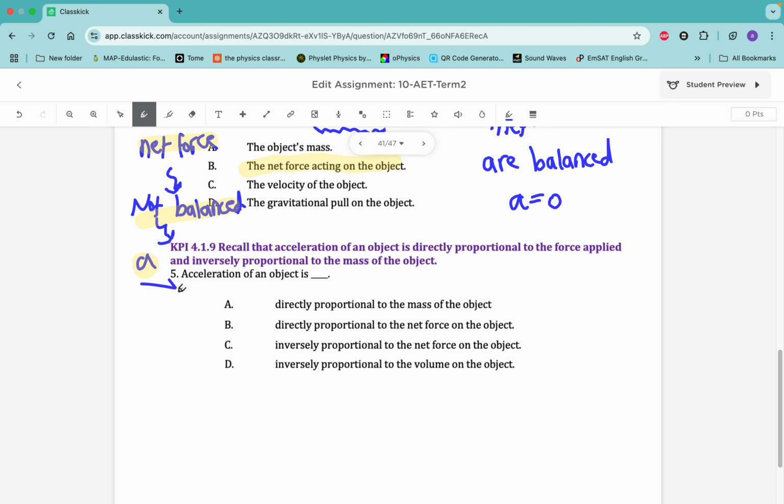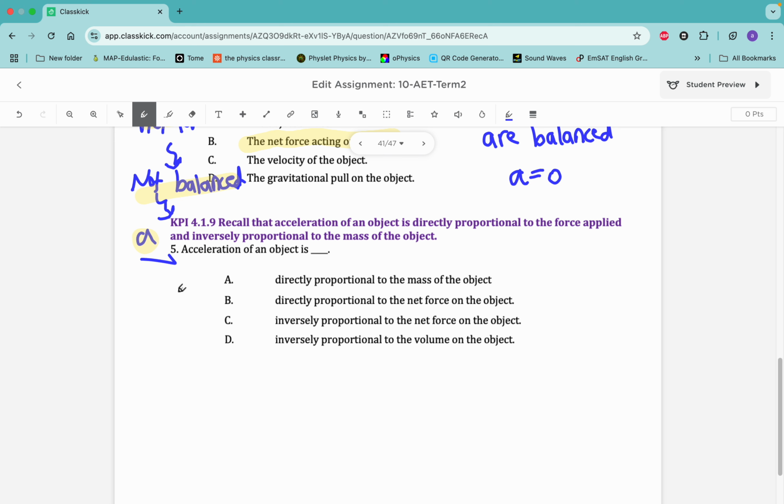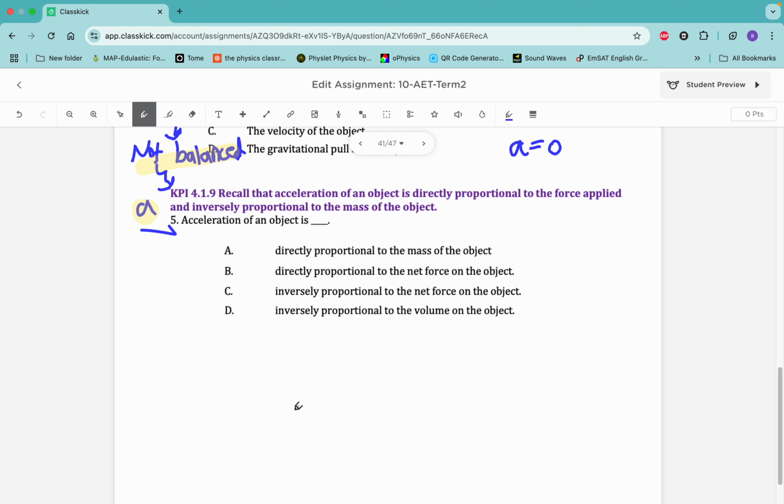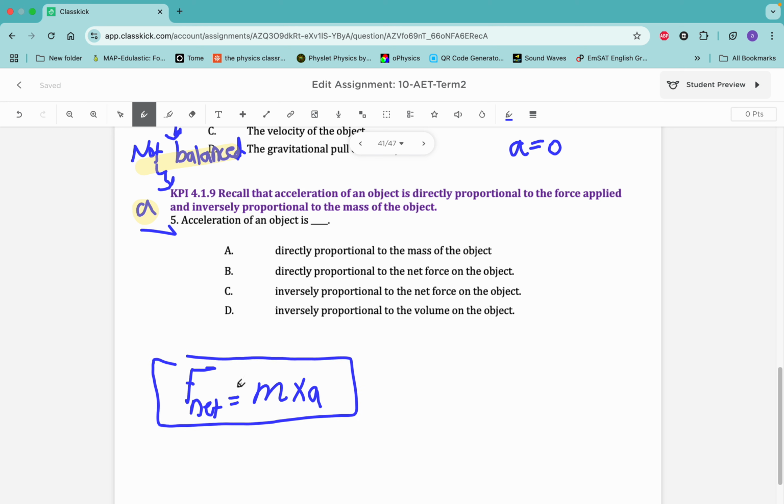Going to question 5 here. Regarding the acceleration of the object, based on Newton's second law, we know that net force is the product of mass times acceleration. We can use this formula to calculate force, mass, or acceleration.